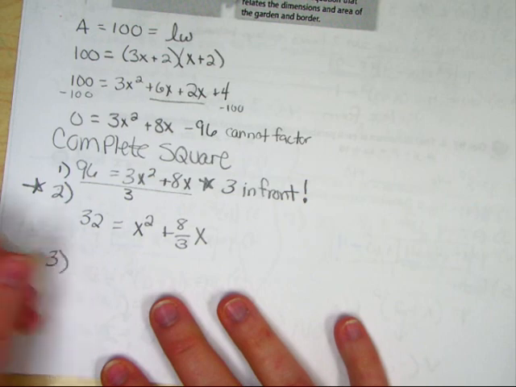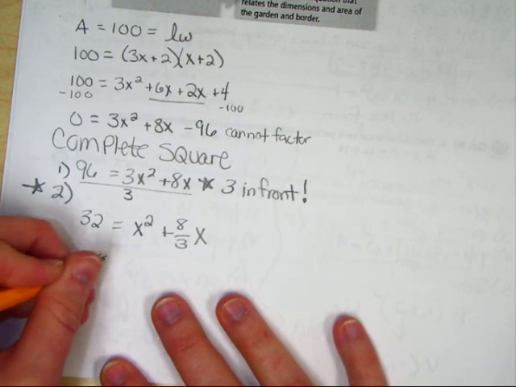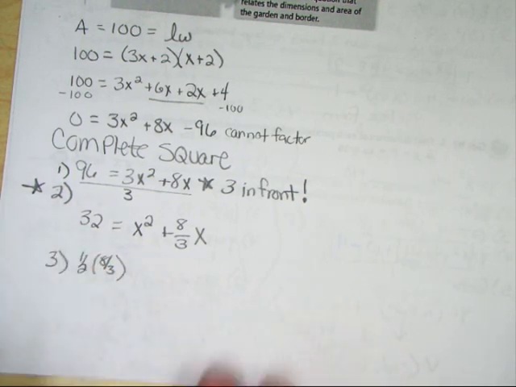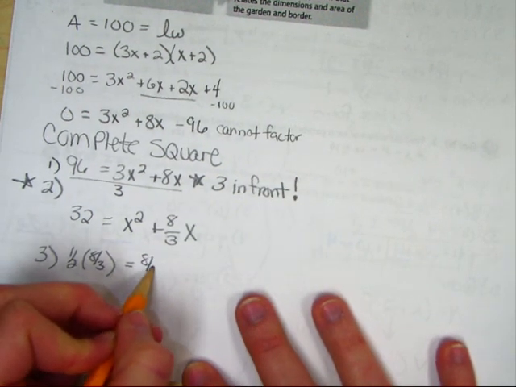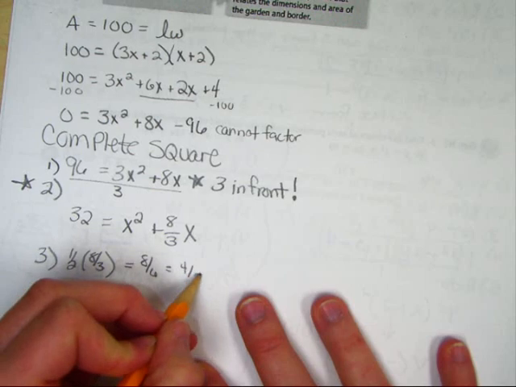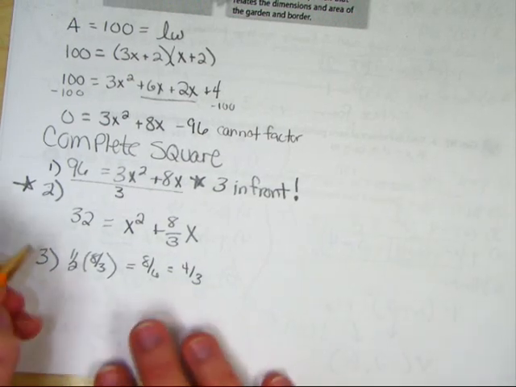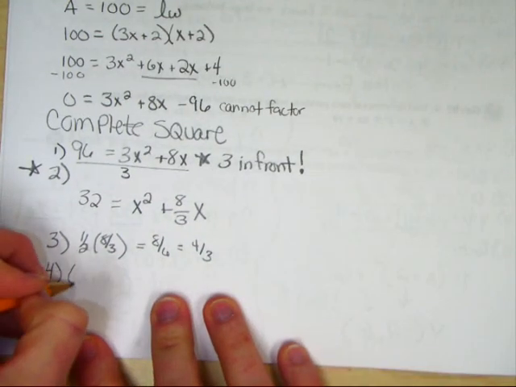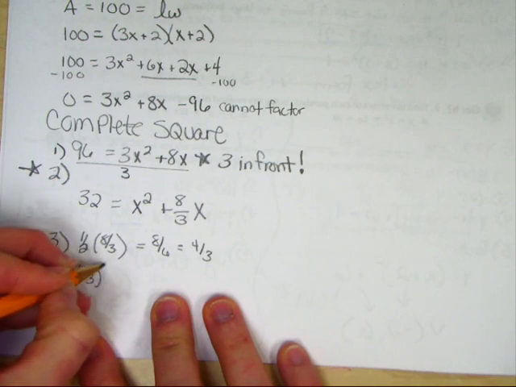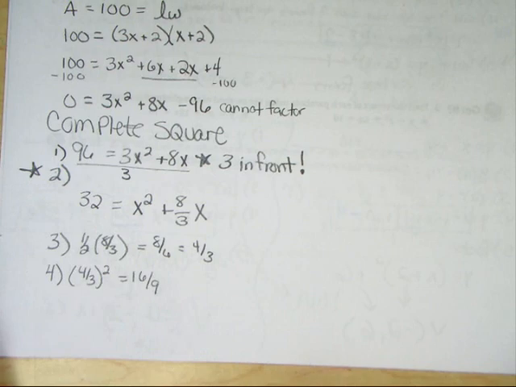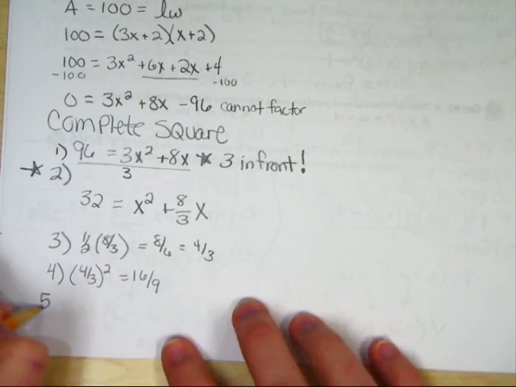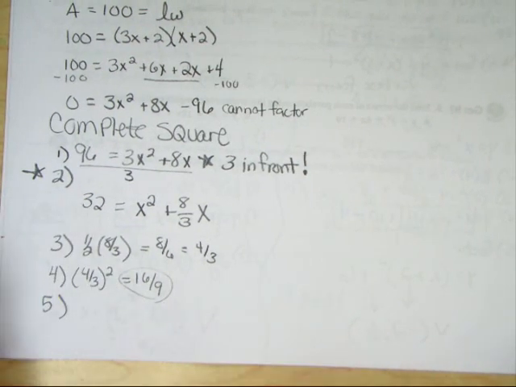Step 3. You take half of your middle term. So you do 1/2 of 8 over 3 equals 8 over 6, which is really 4 over 3, because I reduced. Step 4, you square that. So you get 16 over 9. Step 5, you add this to both sides.